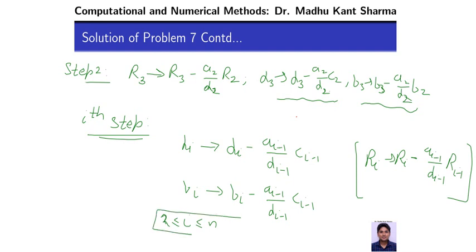What is the updated system now? If you look at this process clearly, the Ci's remain unchanged. So after the first step, D2 is updated, C2 remains unchanged, and so on.